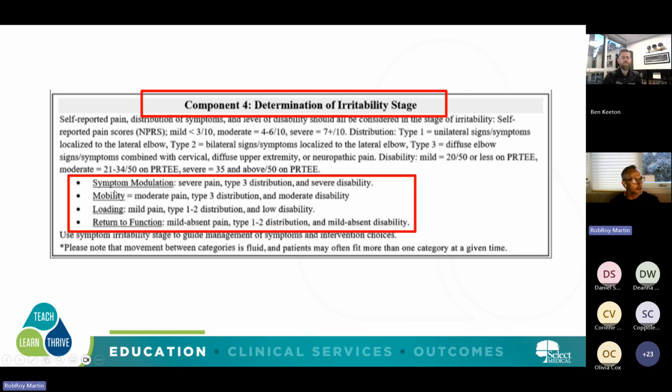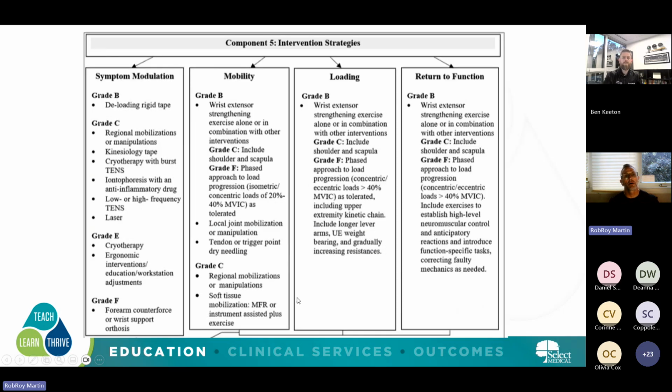So these categories of irritability really are used to drive our interventions. So if you can see, we get to this intervention stage here. We have our different treatments depending if you're symptom modulation. Again, higher levels of pain, diffuse symptoms with high disability. We have our mobility group.